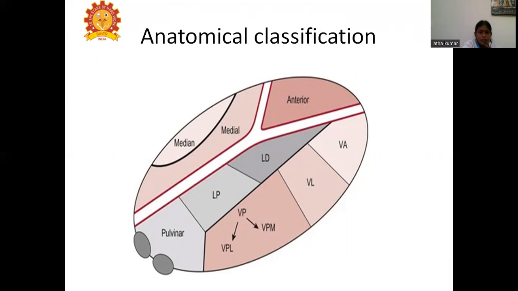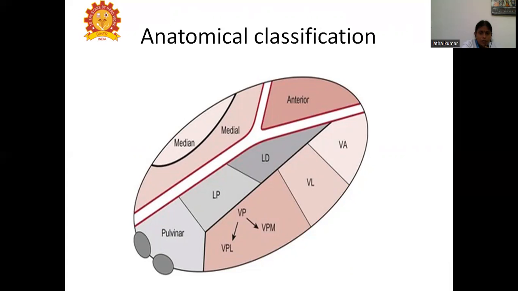In this picture you can see these are the lateral group of nuclei, and this nucleus is again divided into ventral group nucleus and dorsal group nucleus. The ventral group nucleus includes ventral anterior, here represented as VA, ventral lateral nucleus, and ventral posterior nucleus.